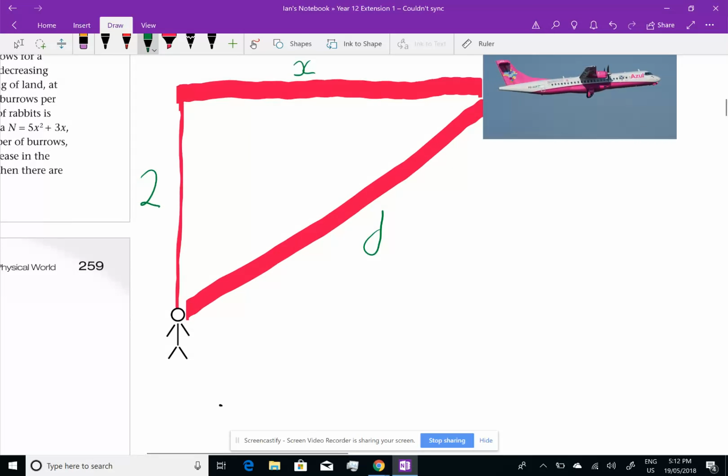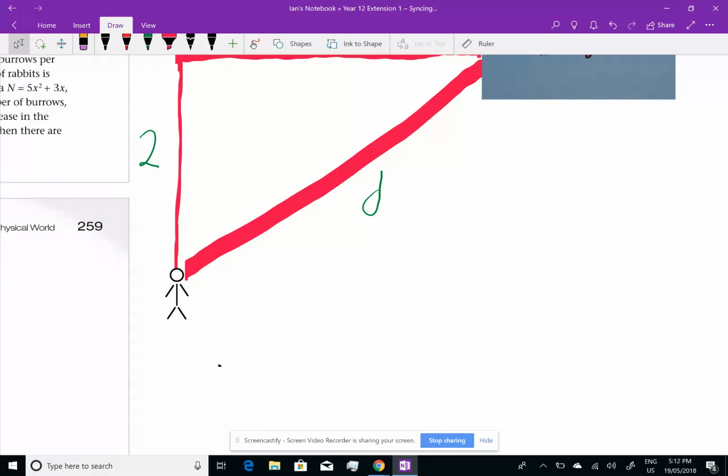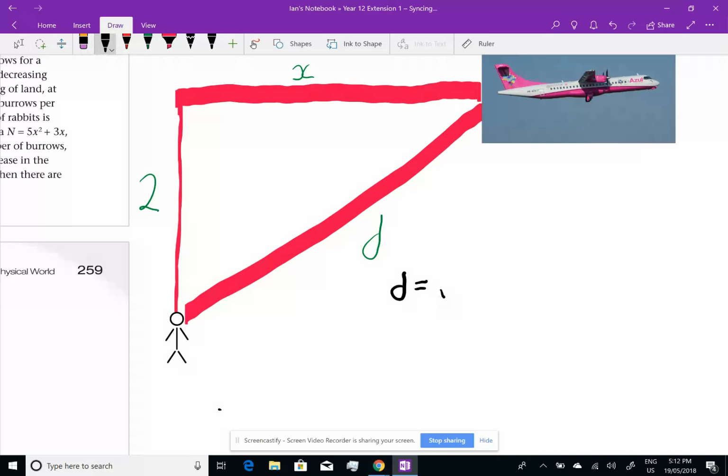Well, first of all, we need an equation. We're finding the rate of change of distance, so we need D to be the subject of the equation. So D equals, well, this is Pythagoras here, the square root of x squared plus 2 squared, which equals the square root of x squared plus 4.